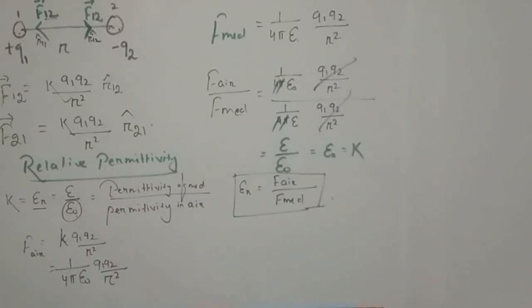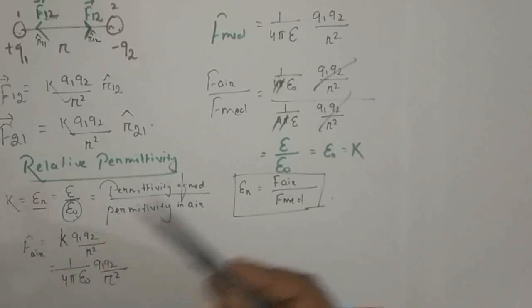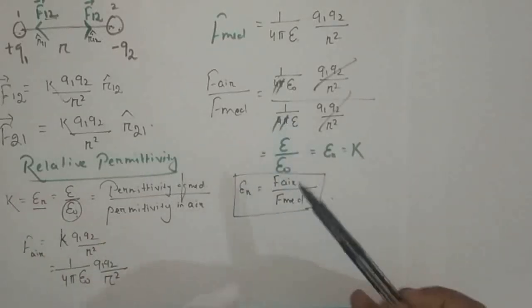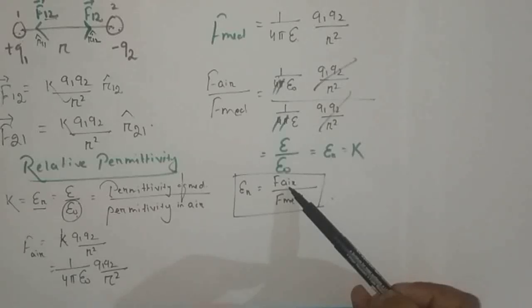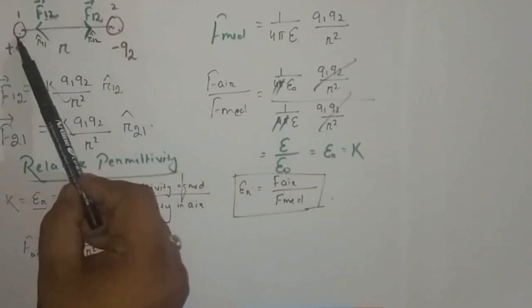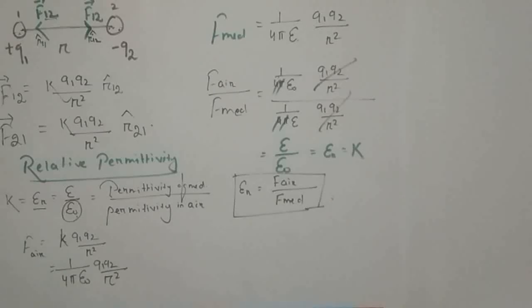This is also another definition of relative permittivity: the ratio of force between two charges separated by a distance in air to the force between two charges separated in a medium.